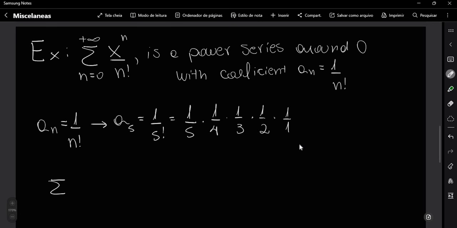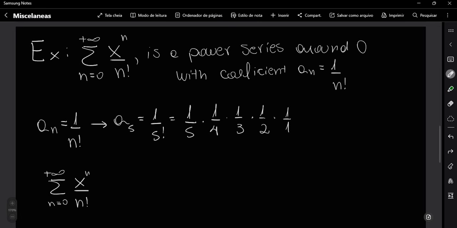And this infinite sum will be something like this. So it starts at 0. So let me write the whole power series first.